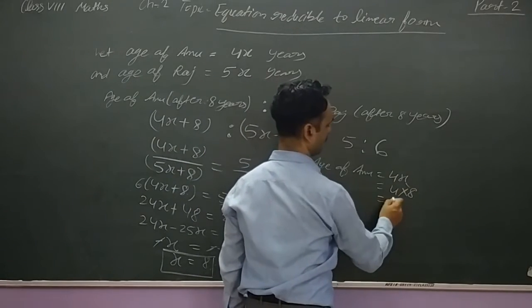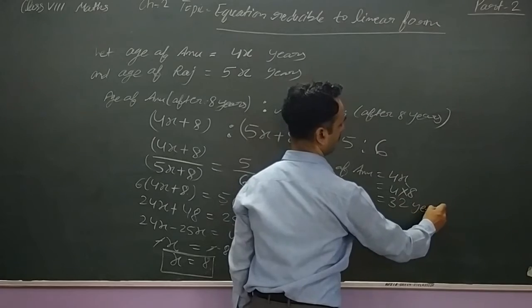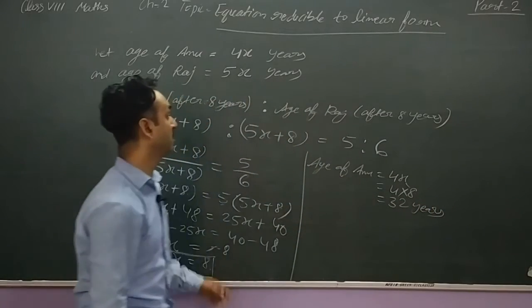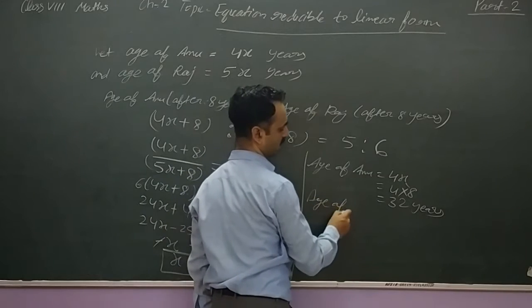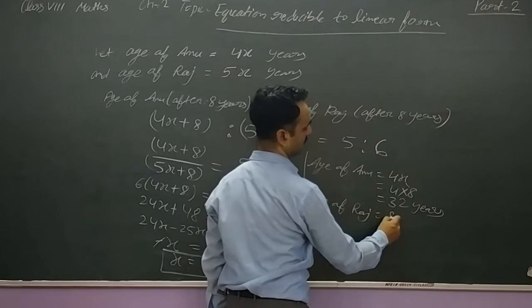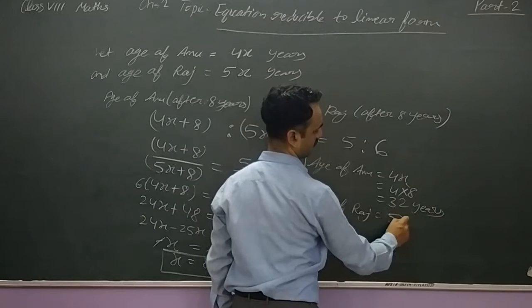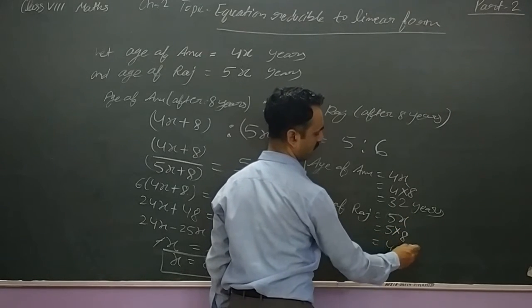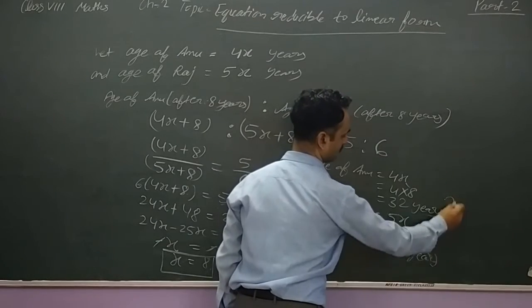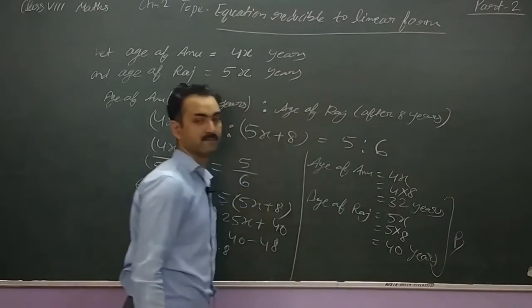So 8 fours 32 years. So the present age of Anu is 32 years, and now we can find the age of Raj. Age of Raj is 5x. So 5 and the value of x is 8. 8 fives 40 years. So these are the answers.